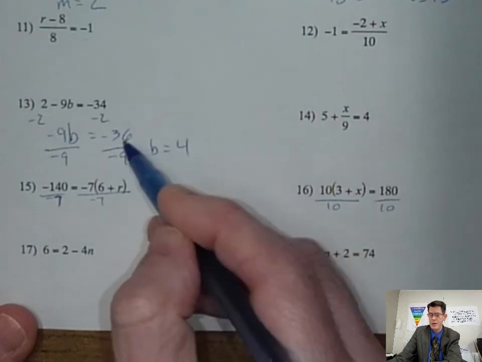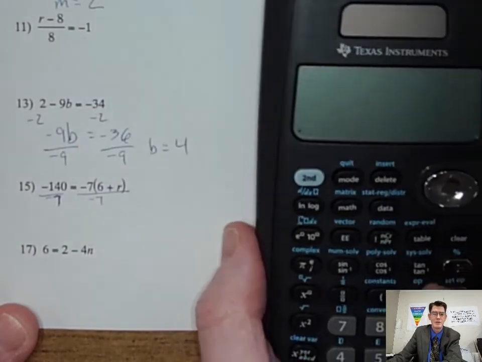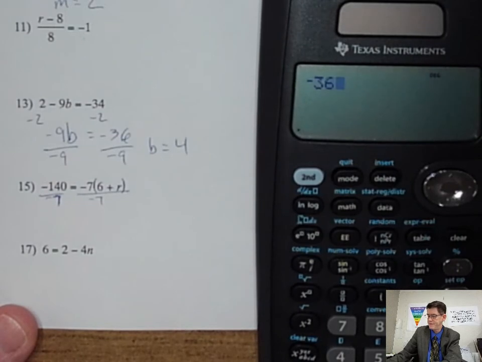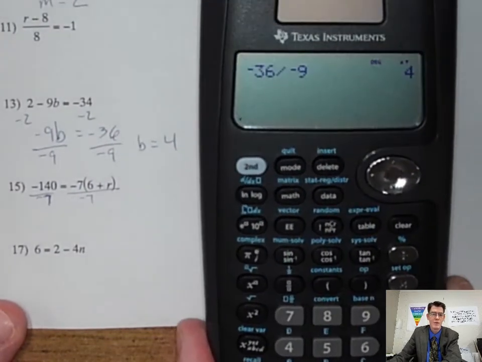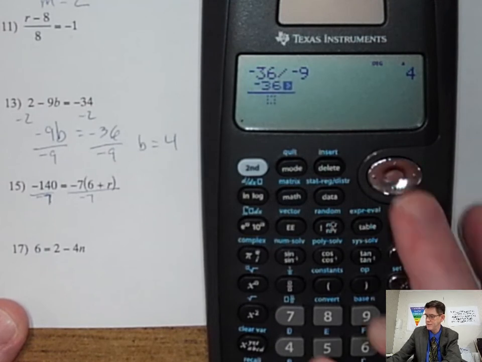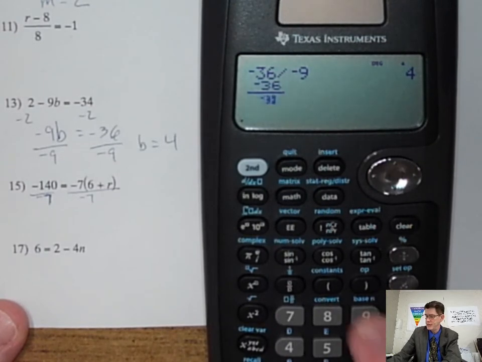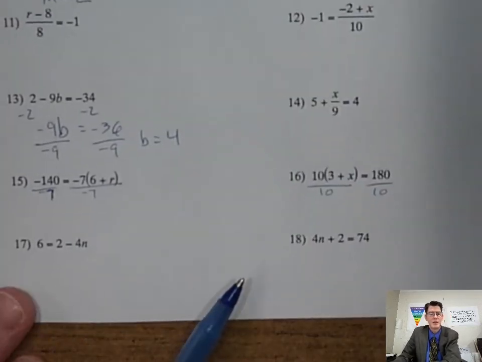B is whatever your calculator says -36 divided by -9 is. Or if you wrote it the way that it looks right here as a fraction, -36 divided by -9, same exact thing. There's so many different ways to write the exact same number, the exact same operation in math.